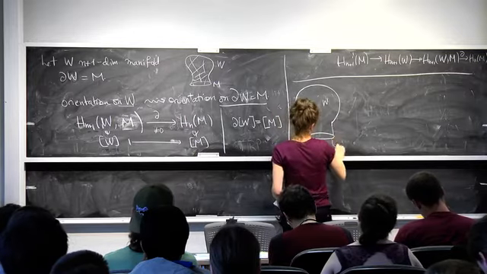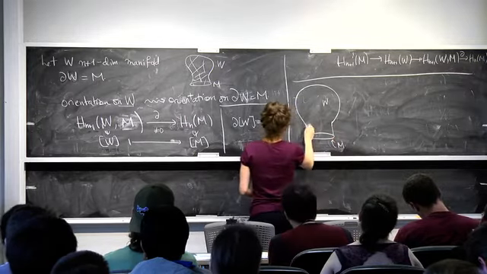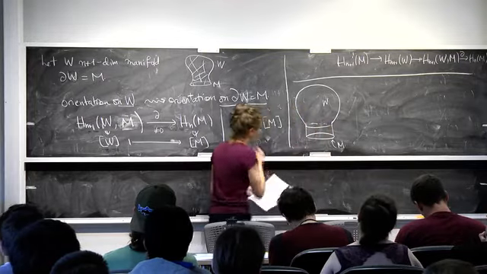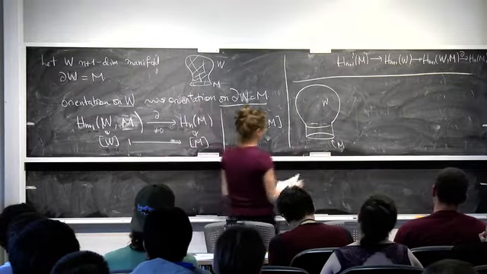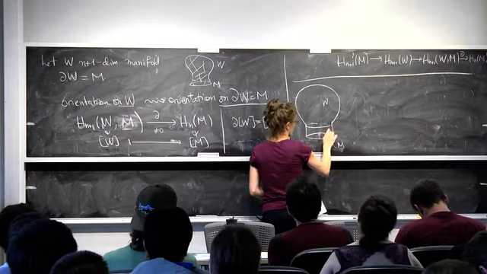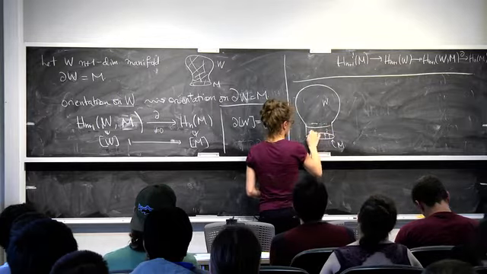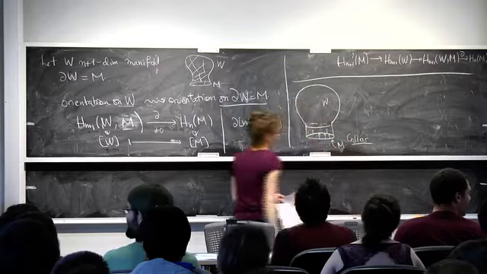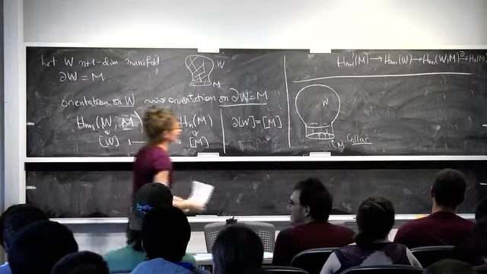So I've got W, and I've got M, and I've got my collar neighborhood. Along the collar, you can see that there's a vector field, an inward pointing vector field along M.